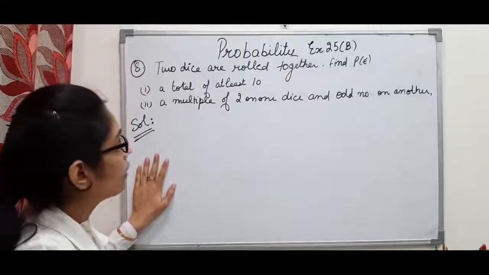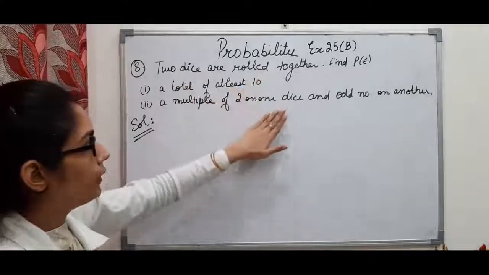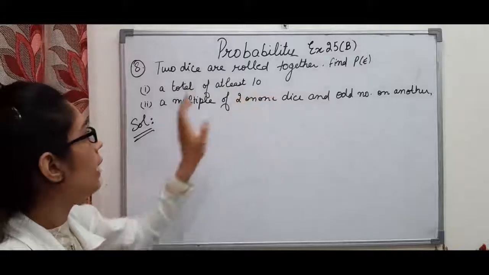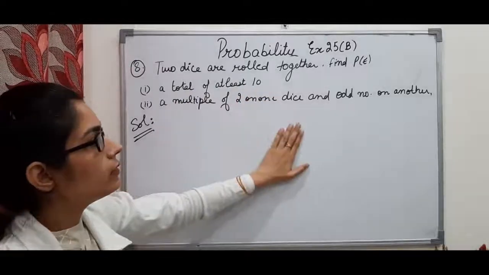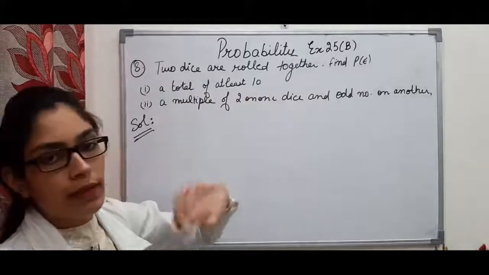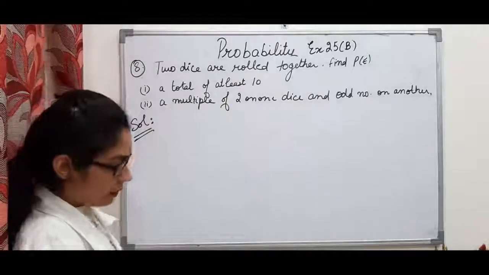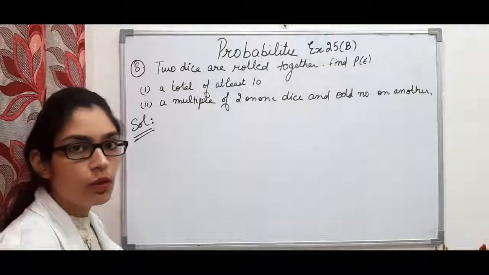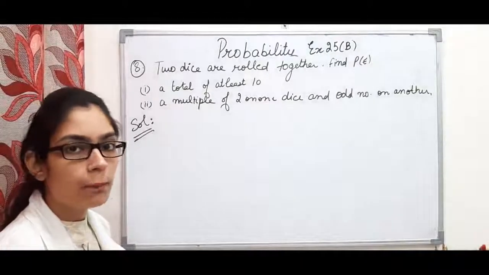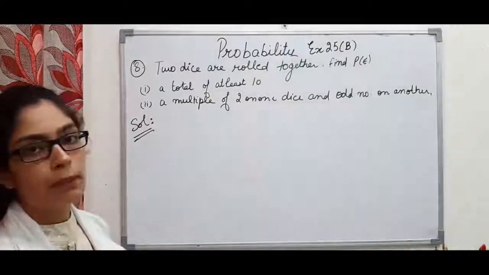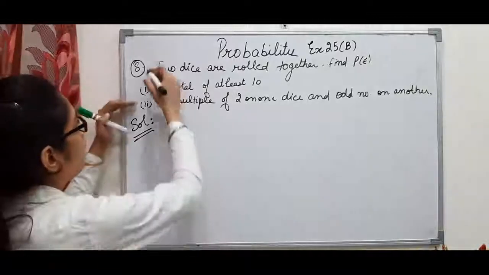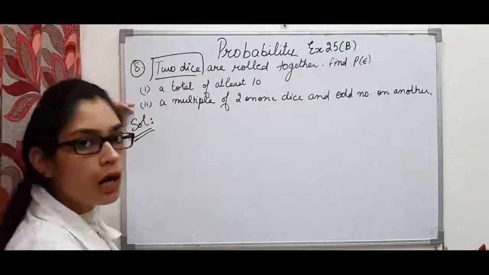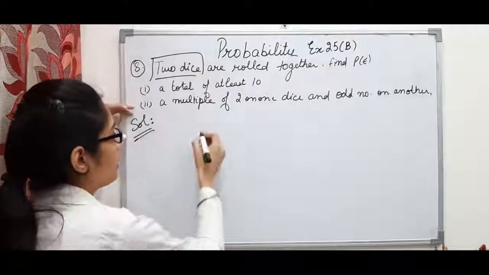The 8th question is: 2 dice are rolled together. Find the probability of a total of at least 10 and a multiple of 2 on one dice and an odd number on another. In the previous question 2 coins were tossed. First of all we have to find the total number of possible outcomes. Here 2 dice are rolled. In one dice how many possible outcomes are there? 6.